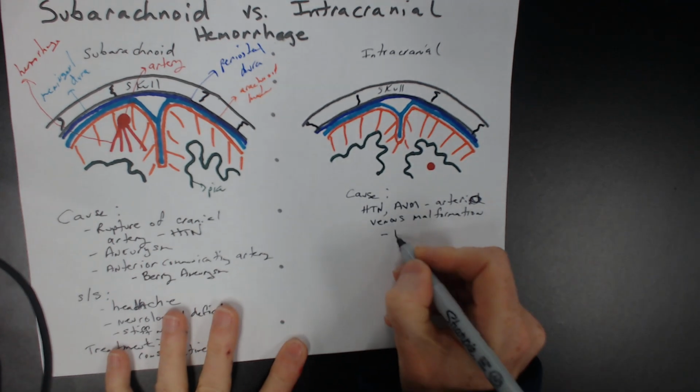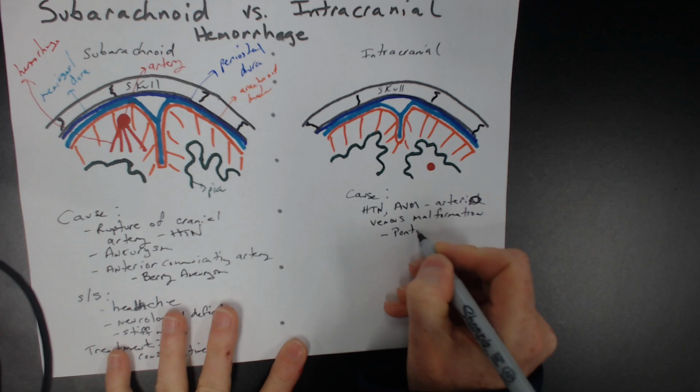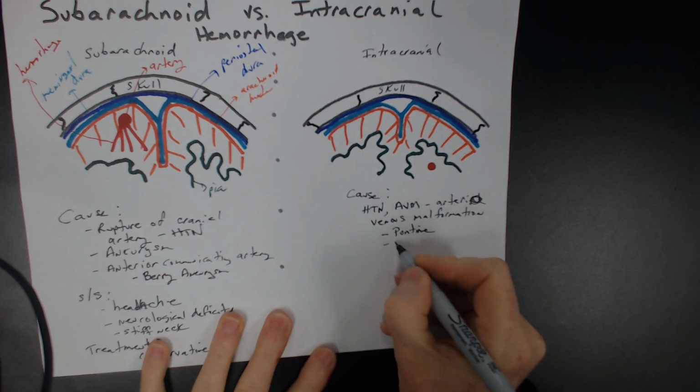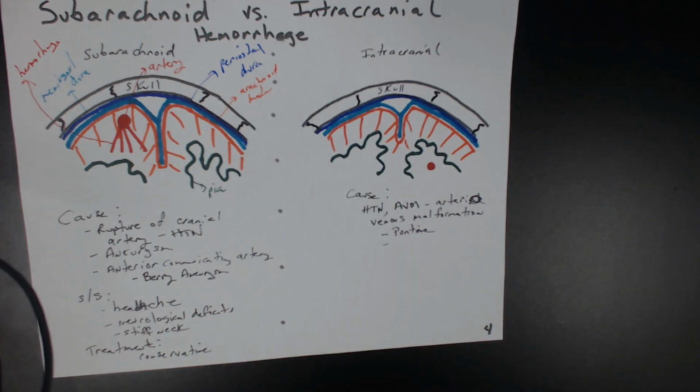It can happen in the pontine arteries. Do you remember the pontine arteries, those small little arterial branches coming off the basilar artery that we talked about? And it could also happen in something known as, this is a new word, and I'm putting it out there so that if you see it in the clinic, you know what it is.